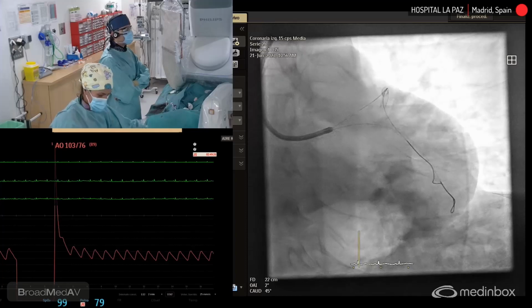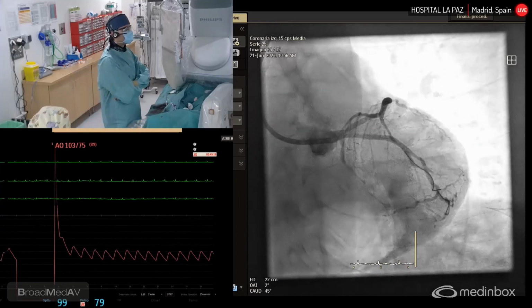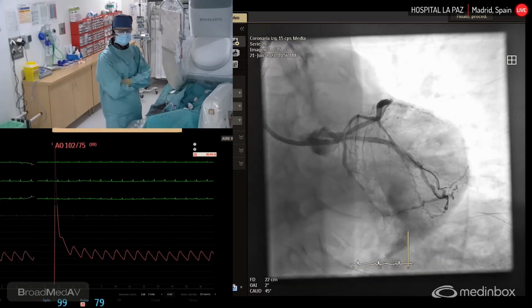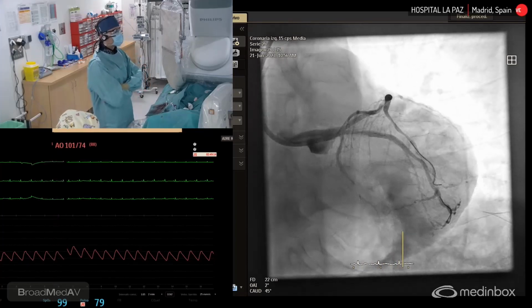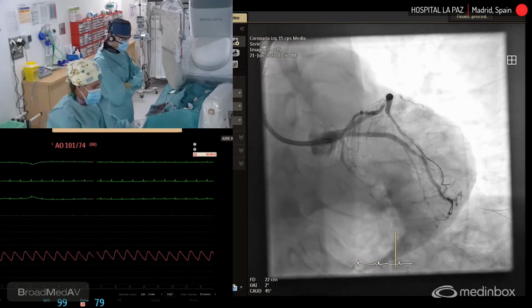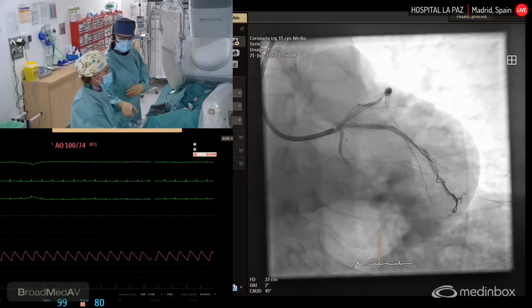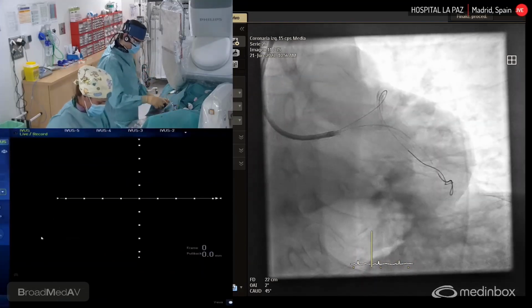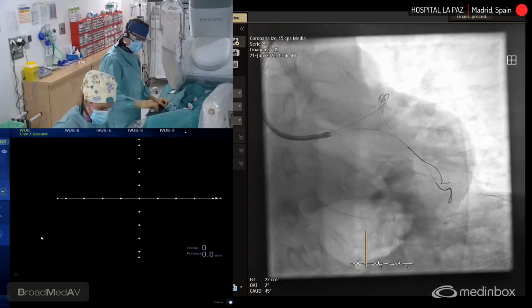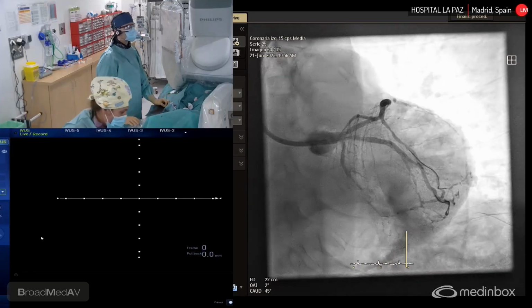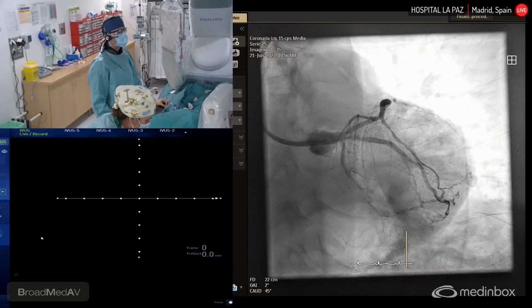The TIMI flow is the same. So I think we can do a final IVUS in the intermediate branch and finish the case for today. We have used 180 cc's of contrast. And I think this is enough for today.